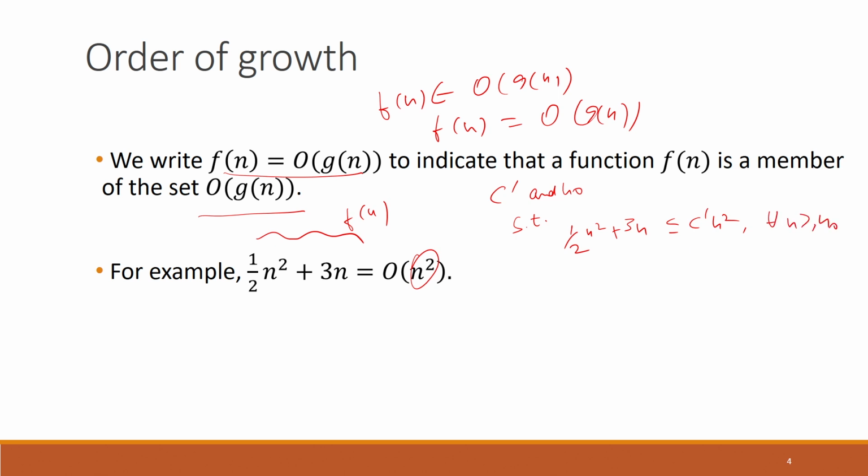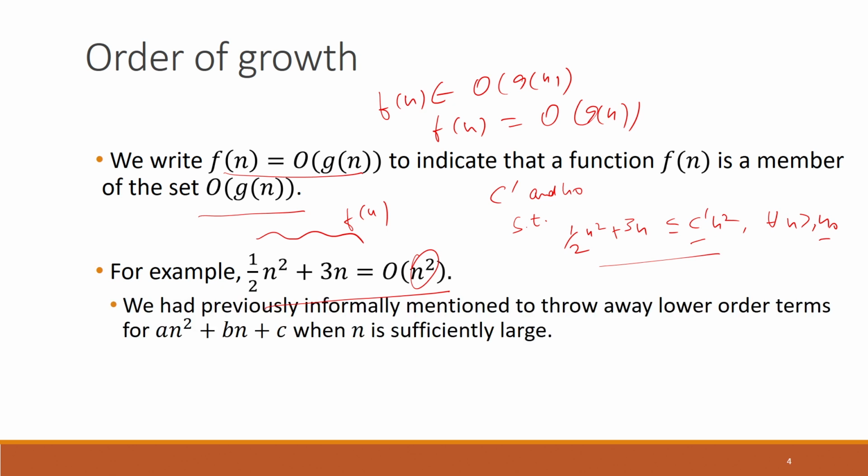We just need to come up with one set of values of c dash and n naught such that this condition is satisfied, and if we are able to do that, then we can say that this function half n square plus 3n is of the order n square, or it belongs to the set of functions O(n square).